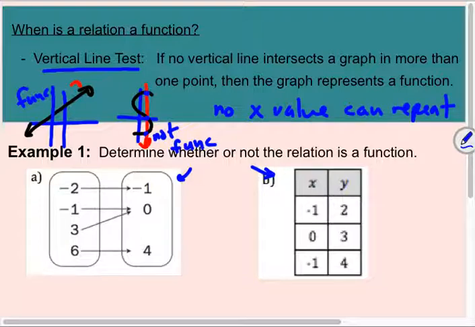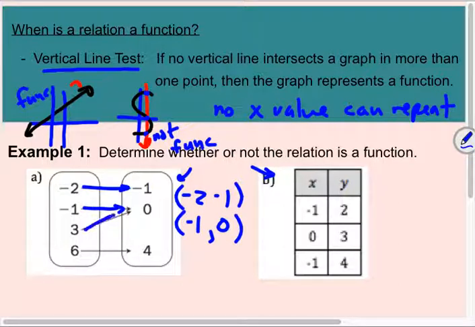Like I can't have 2 x values to 1 y value. It's like here, if you look at ordered pairs. The negative 2 maps onto negative 1. The negative 1 maps onto 0. The 3 maps onto 0. And the 6 maps onto 4.